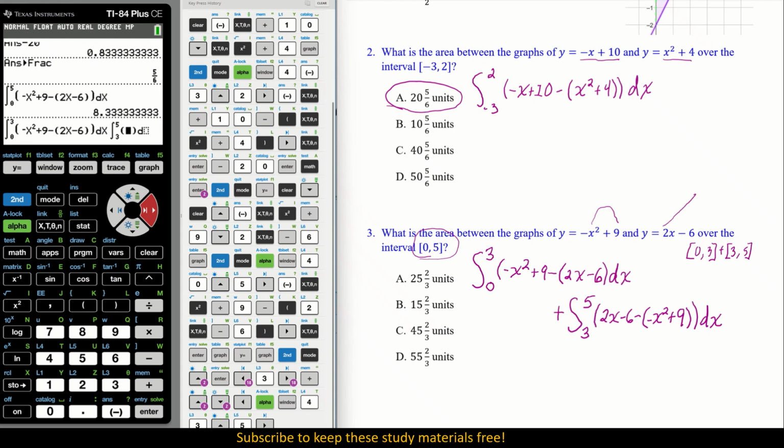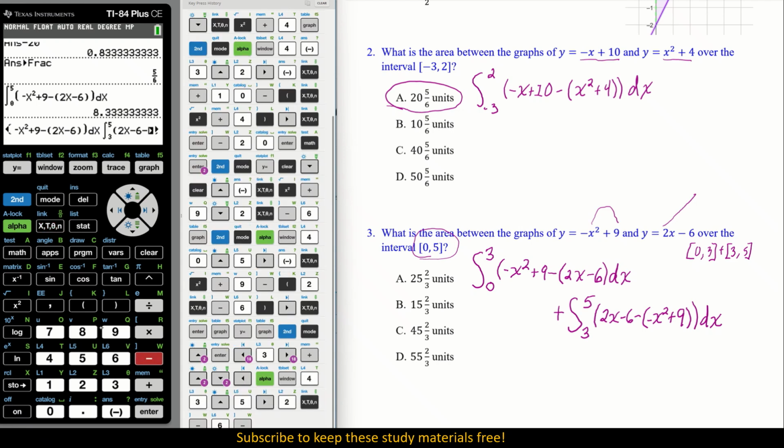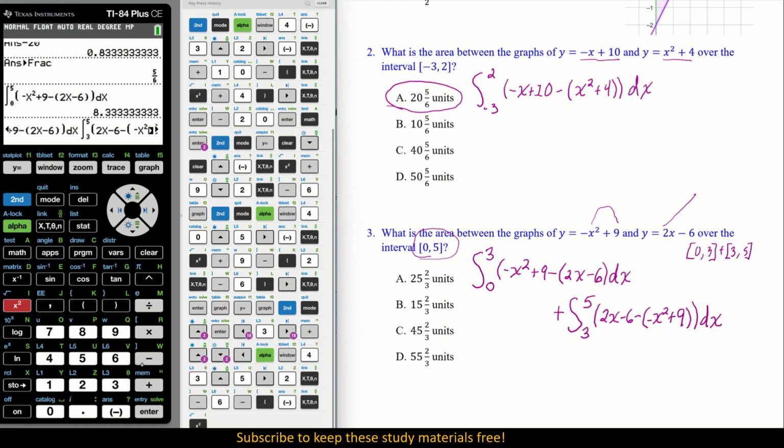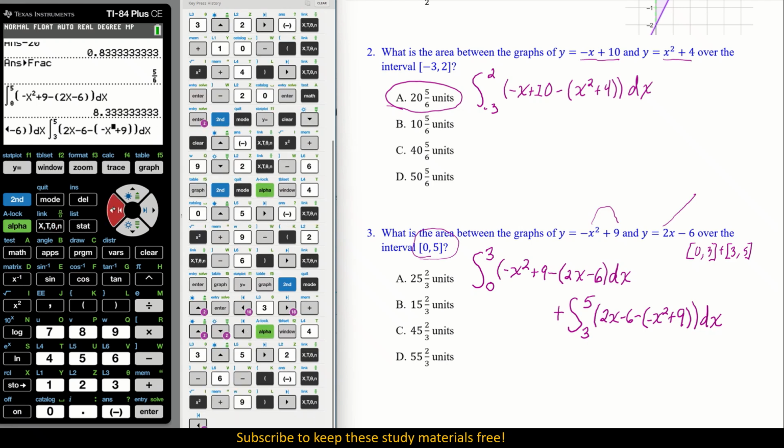We flip our line and our curve. So that's 2x minus 6 minus in parentheses negative x squared plus 9, close the parentheses. Now arrow over, put in your x, okay? Uh-oh, I see something I did that was wrong. I should have added, look, I said, did I not?